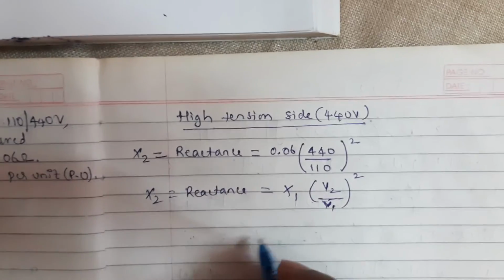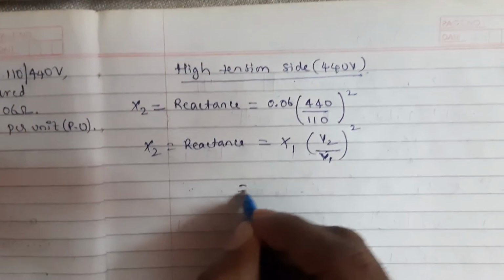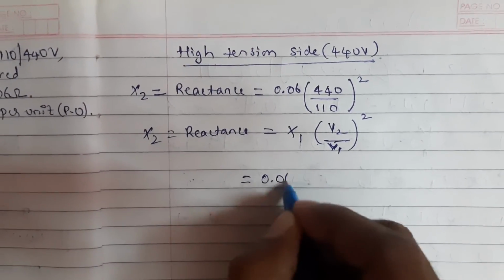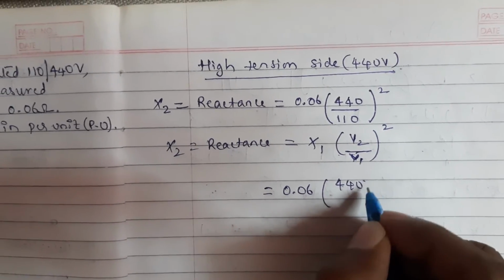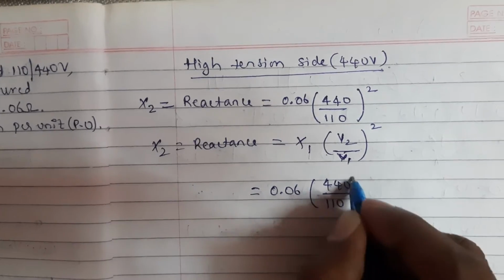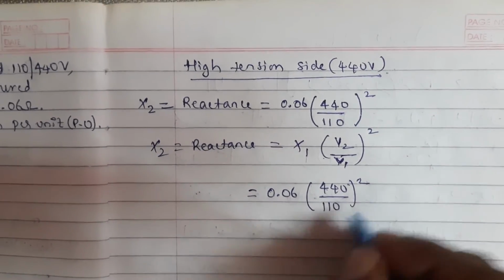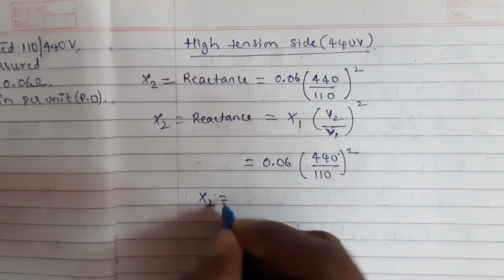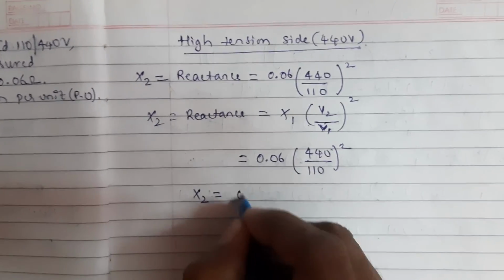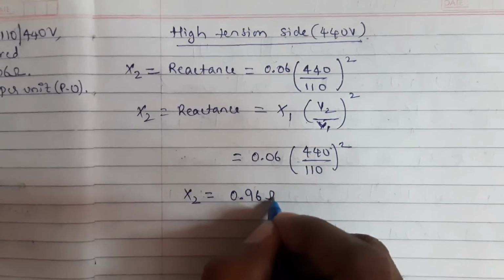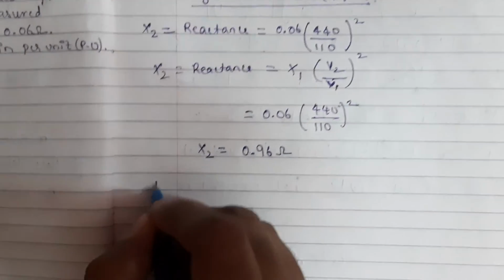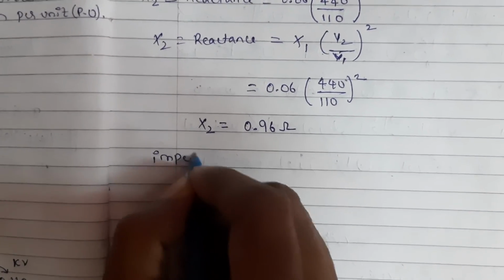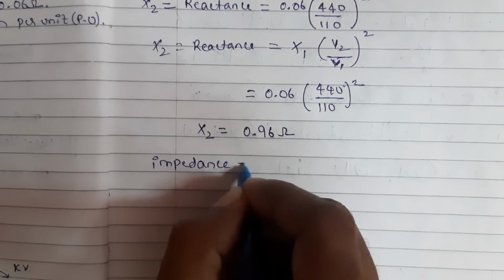Putting in this formula, 0.06 times 440 volts upon 110 volts squared, the value of x2 we get is 0.96 ohms. Now we want to find the impedance at the high tension side.